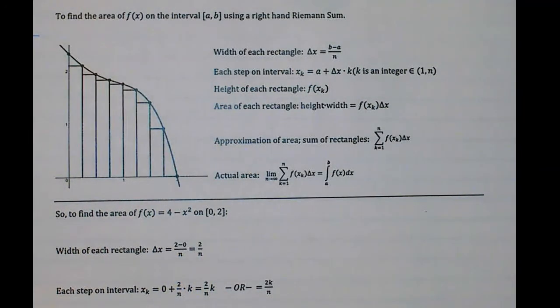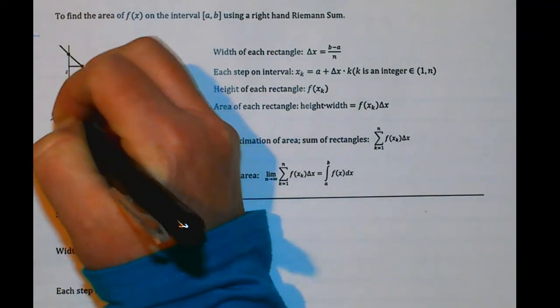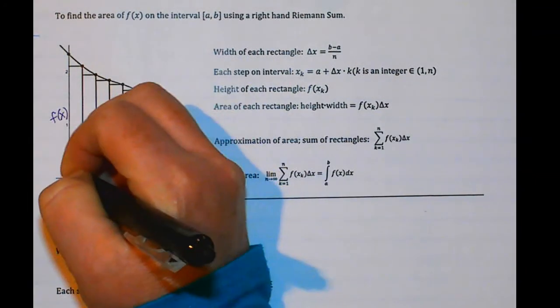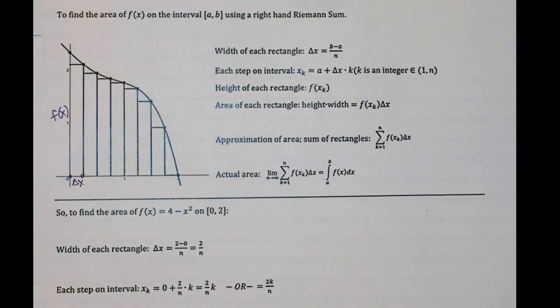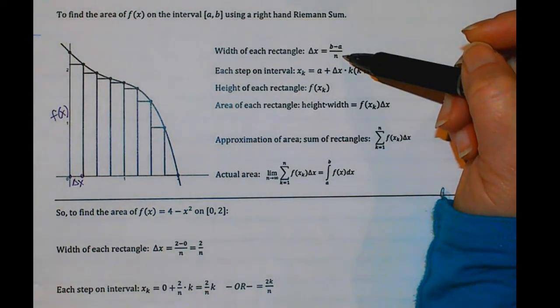Which is still going to be change in x times f of whatever the x is, whether you choose left or right or whatever. We're adding up rectangles, but let's see if we can put in the notation to represent all of them without writing each one out. So width of the rectangle is going to be b minus a over n.